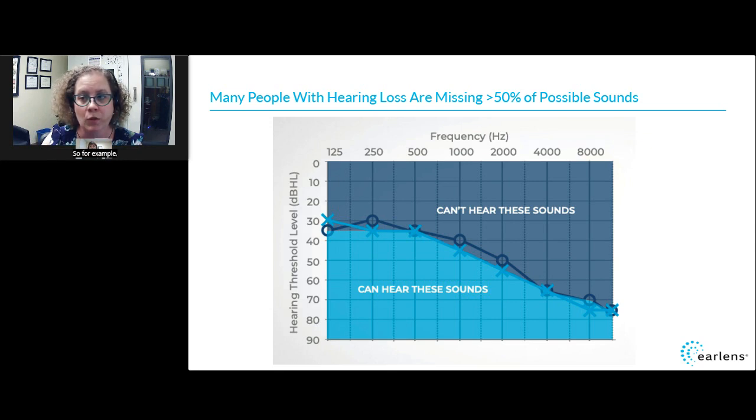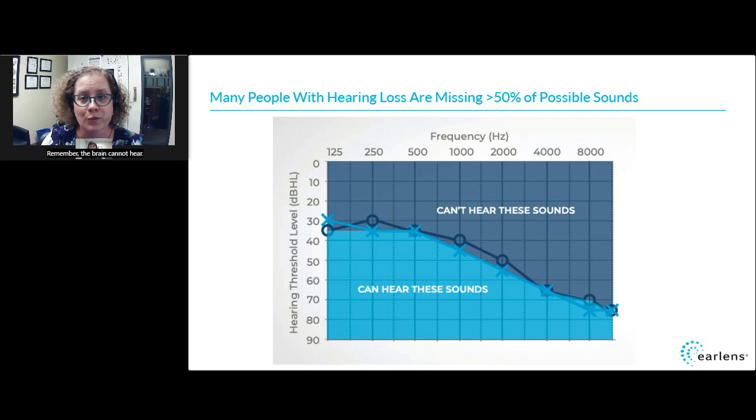So for example, if we look at the higher frequency sounds above 1000 hertz on the audiogram here, so that's 1000 through 8000 hertz, those sounds would actually need to be pretty loud, around 60 to 65 decibels, for you to be able to hear them.